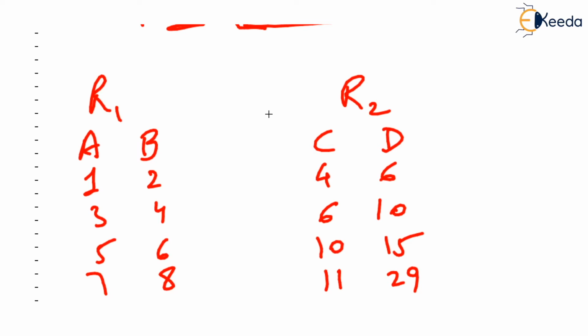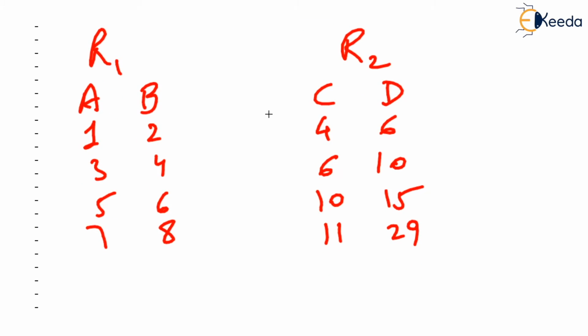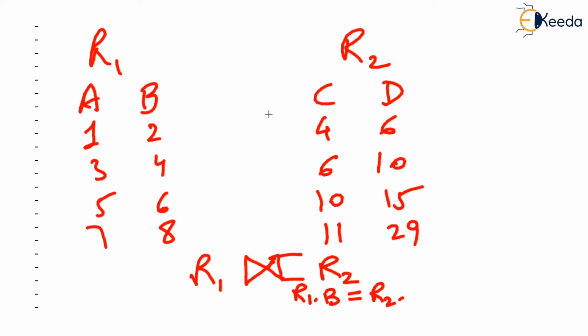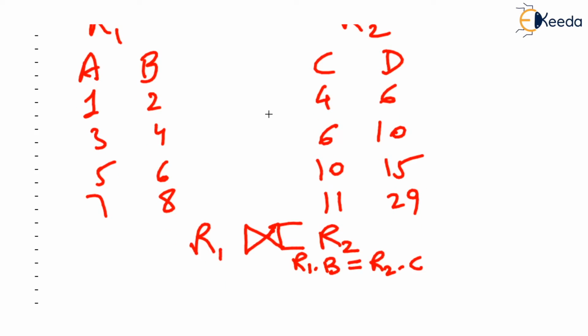And we are doing right outer join. To write right outer join, we would be writing a symbol with whiskers on the right hand side with R2. But of course, I am going to write the condition as R1.B should be equal to R2.C. This is my requirement. So I want to join these two tables using right outer join.